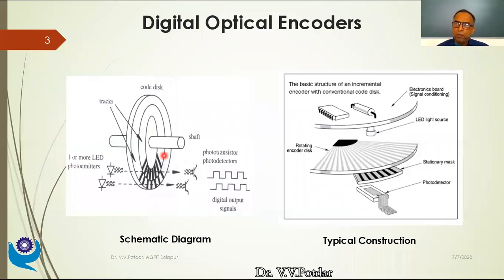That signal would be my actuating signal through my control system, and it will be compared with the positional signal given out by this optical encoder.